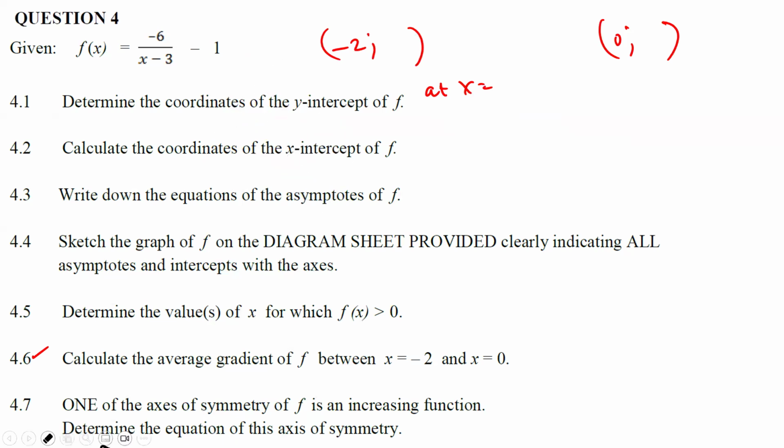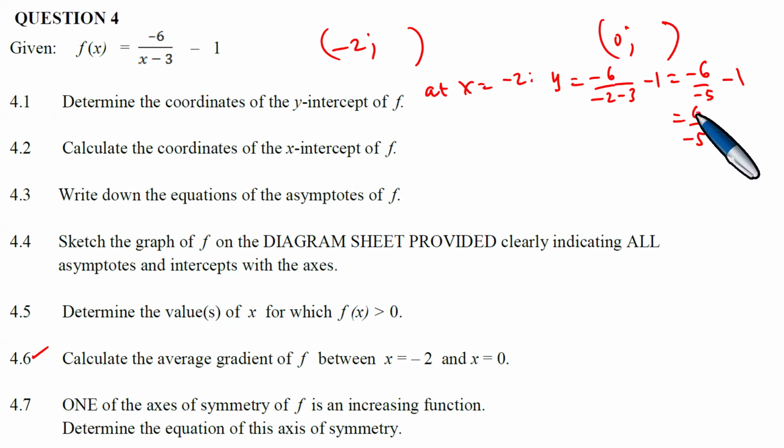So at x equals -2, what you have is y equals -6, -2, -3, -1. This is -6 over -5, -1. 6 over -5, -1. This is 6 plus 5 over -5, like this.